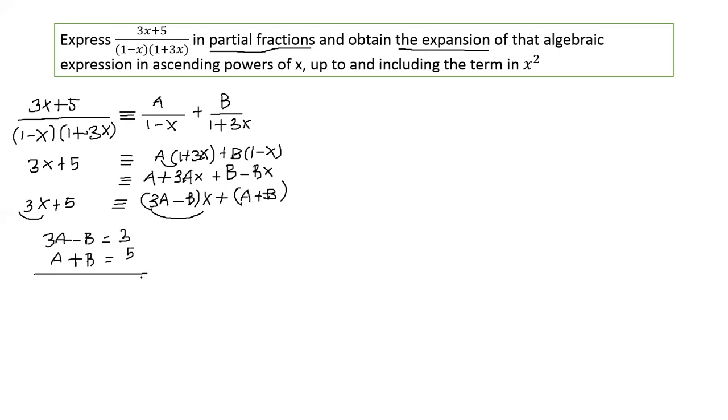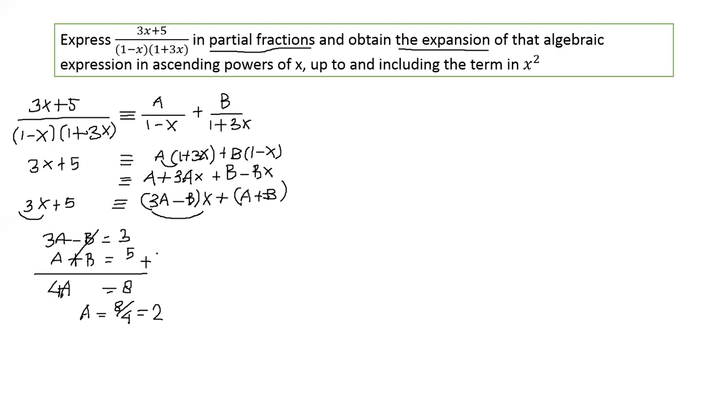And now we are going to eliminate b. How to eliminate b? You have to add minus b plus b. If we add, 3a plus a, 4a equals 8. a equals 8 over 4, equals 2.